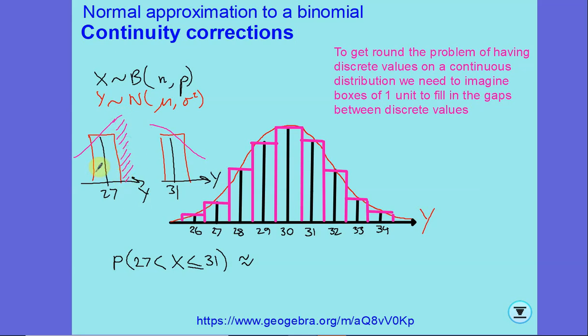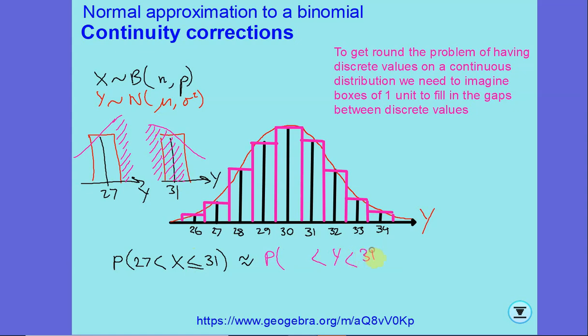Do we go in the box? No, because it's not equal to it. But this one is, so we want less than 31, so we want this side, but also, because it has to include 31, we include the box. Remember, we don't ever go halfway. Once we go in, we go all the way across. So this is the same as using, remember, you're not going to have the equal to sign, it's continuous.